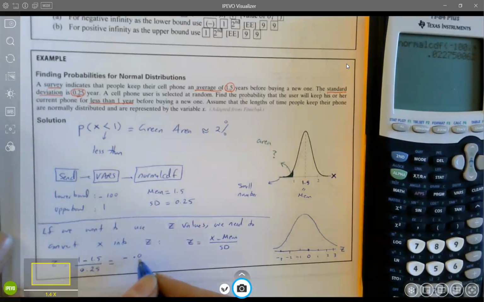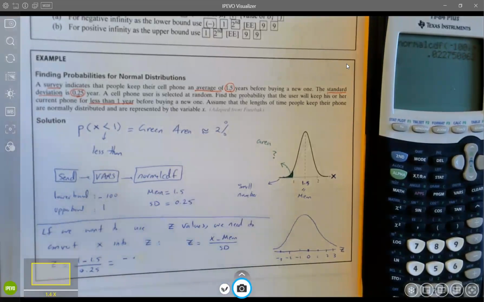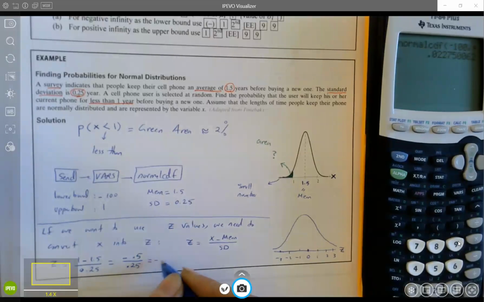Negative 0.5 divided by 0.25. So in this case, our Z is equal to -2.